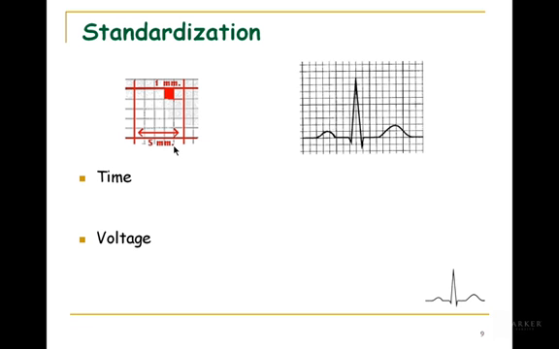If you look at the y-axis for the amplitude of the voltage, every millimeter represents 0.1 millivolts. That's the standardization. So for example, if I asked you what the voltage of the P wave is, you'd say it's 1 millimeter, so it's 0.1 millivolt.